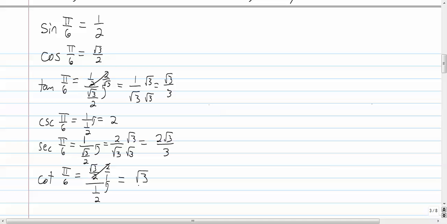Alright, we can do the same thing for the sine of 60 degrees, or pi over 3, the cosine of 60 degrees, or, I said pi over 6, I meant pi over 3, the tangent of pi over 3, cosecant of pi over 3, secant of pi over 3, and cotangent of pi over 3.